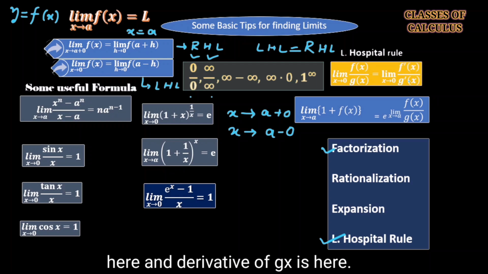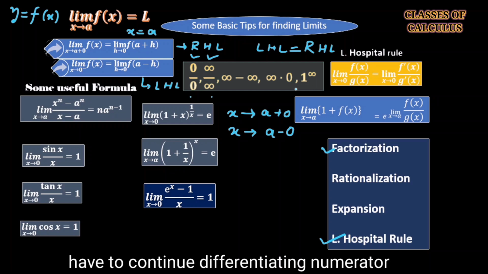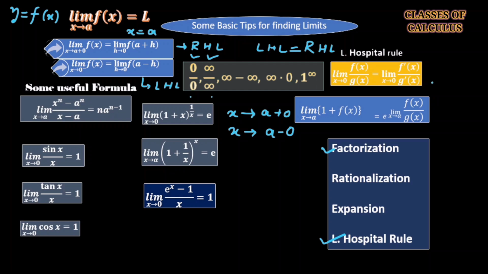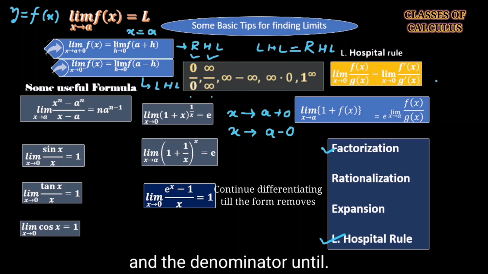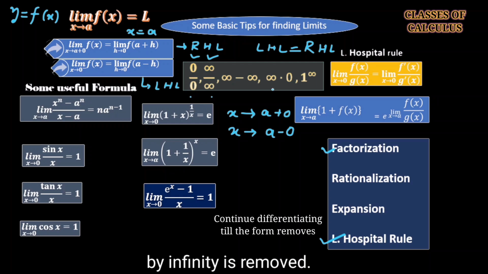These two will be equal, which means you have to continue differentiating numerator and denominator until this kind of form, that is 0 by 0 or infinity by infinity, is removed.